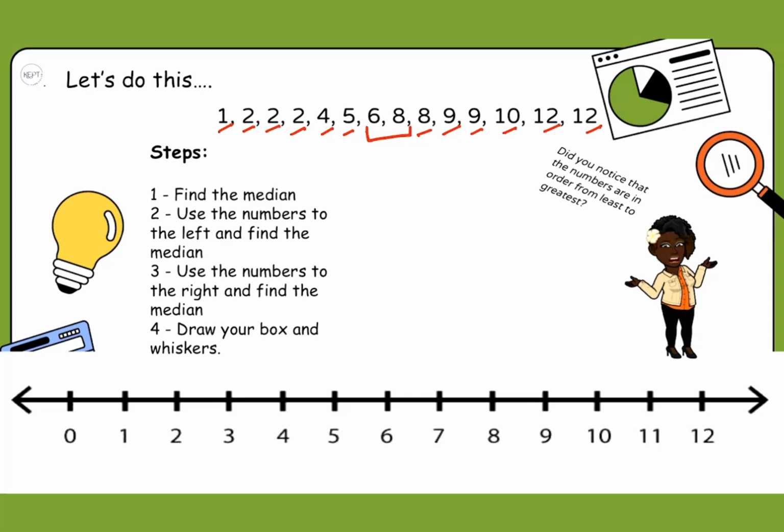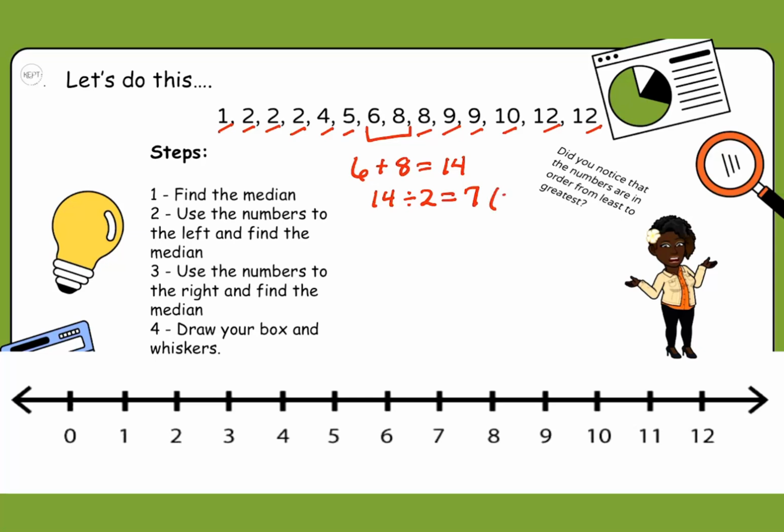So in order to find the median of those, we have to find the mean or the average of those numbers. 6 plus 8 is equal to 14, and then we divide that 14 by 2 because we're using 2 numbers, which gives us a median of 7.